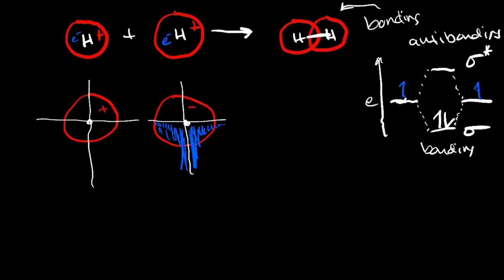And this is the positive where it comes together here. And if you try to combine these two, they cancel. And what you end up with is your antibonding interaction.